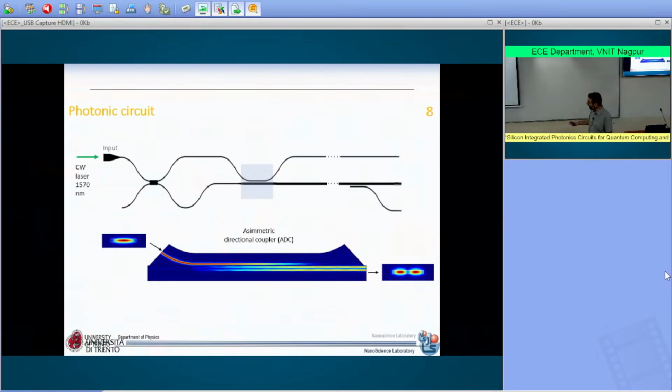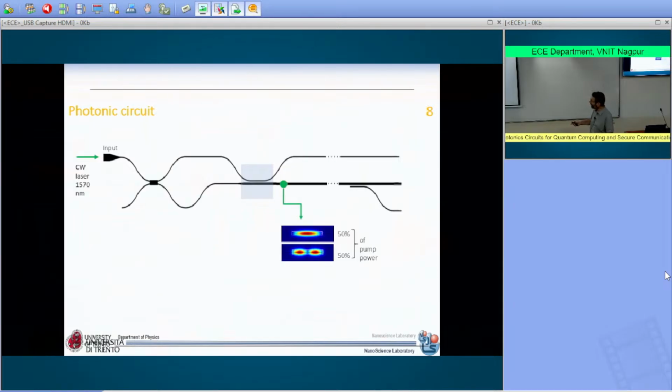And so this is the device that we are using, because inside this waveguide that is large, because this is a multimodal waveguide, while this one is thin, a single mode waveguide, we have 50% of the optical power traveling on the fundamental mode, and 50% of the optical power coupled through the ADC, the asymmetric directional coupler, to the first order mode.